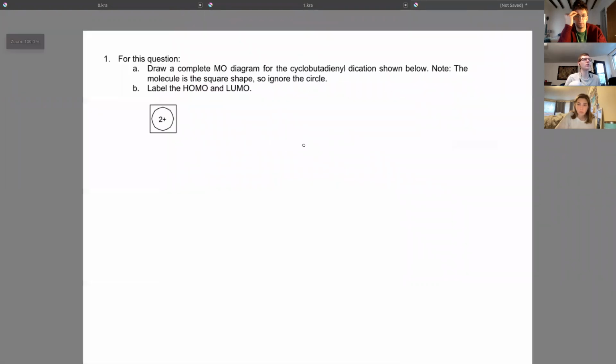Okay. So the question is to draw a complete MO diagram for the cyclobutadienyl dication shown below. There's a circle here, which just means that it has two positive charges. So in other words, the molecule that we're interested in is, well, I'm not even going to bother drawing in the double bonds because there's 2+ cations, so it's kind of complicated, but it's got these 4 p orbitals, right?